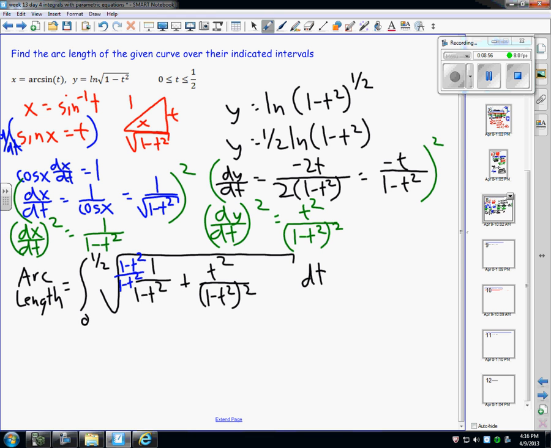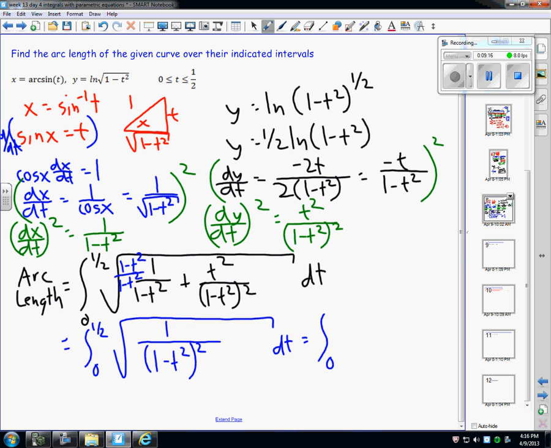And when I do that, this turns into the integral from 0 to 1/2 of the square root of 1 minus t squared on top plus a t squared, which is just a 1, all over (1 minus t squared) squared dt, which is now the integral from 0 to 1/2 of 1 over 1 minus t squared dt.